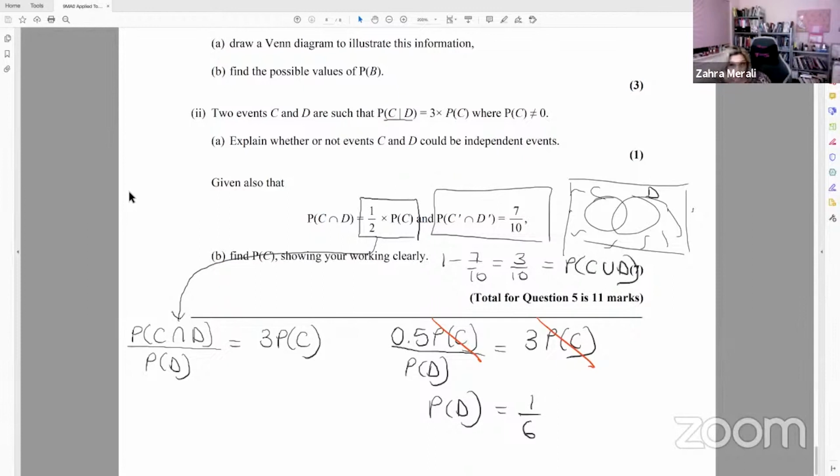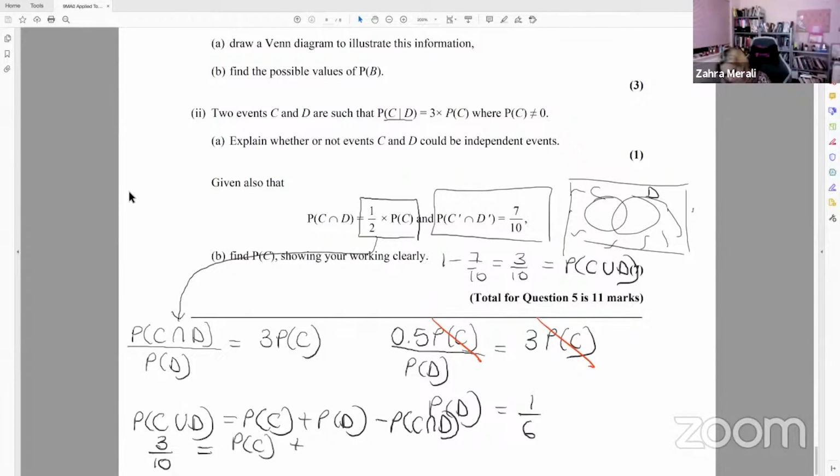Okay, now in the formula book again, you're given that the probability of C or D is the probability of C plus the probability of D minus the probability of C and D. So C or D we know is 3/10. Probability of C is what we're trying to find.